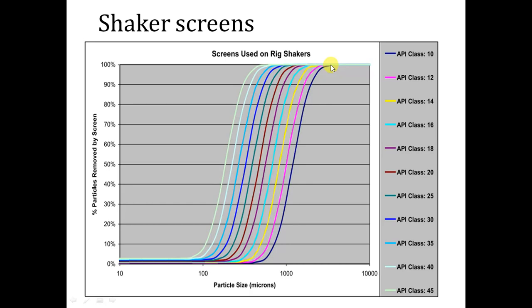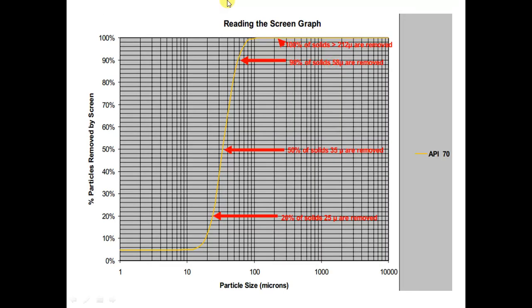So we will talk about it in detail now, about the screen engineering. As you see here from the graph, this is for example for API 70. This is its own special graph. Here is the particle size, and here is the percentage to be removed.